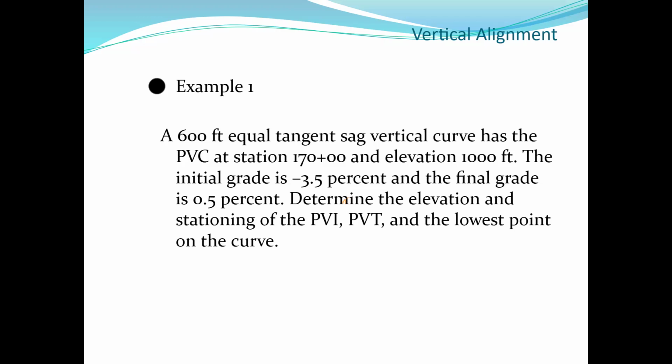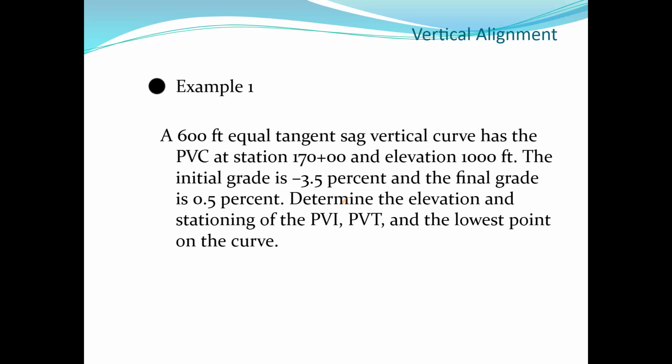Now, do we know B? Remember what B was? B was the slope of the initial tangent. So is B equal to 3.5, negative 3.5? Not quite.